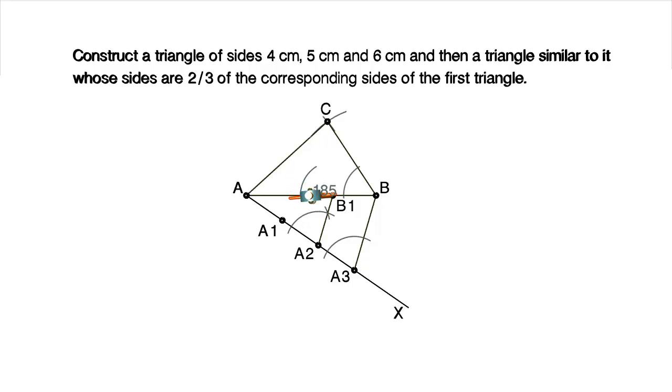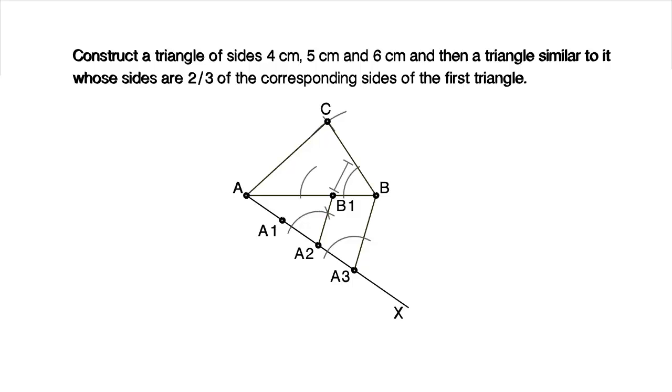Now find the distance between the intersection point of the previous arc drawn and the line BC, and also the intersection point of the arc and the line AB.